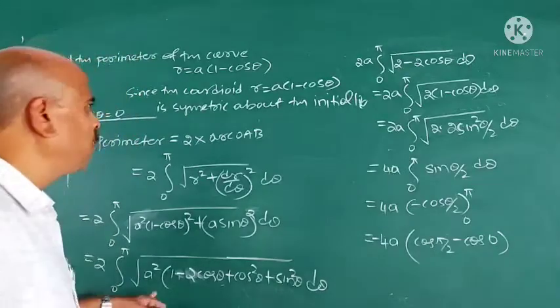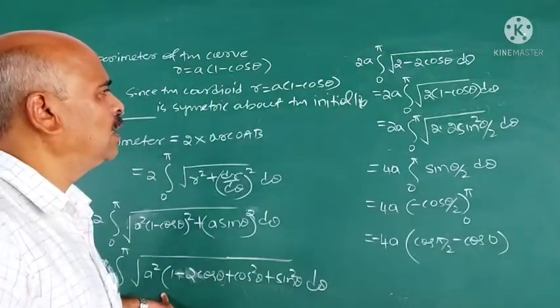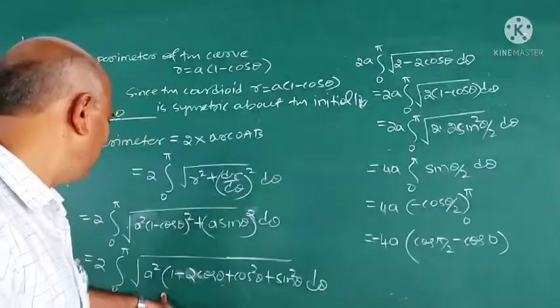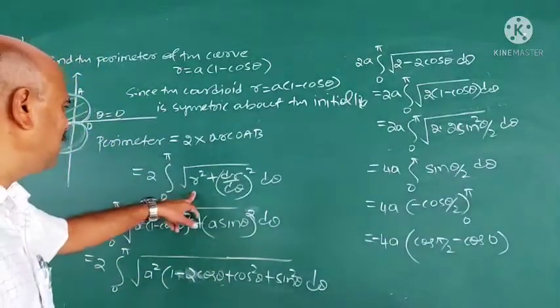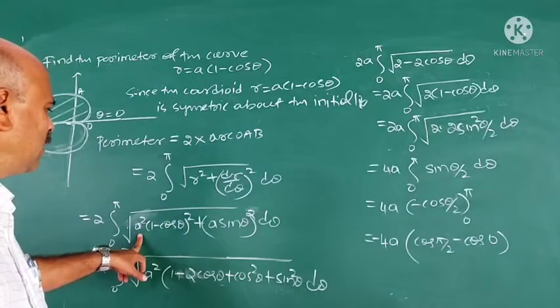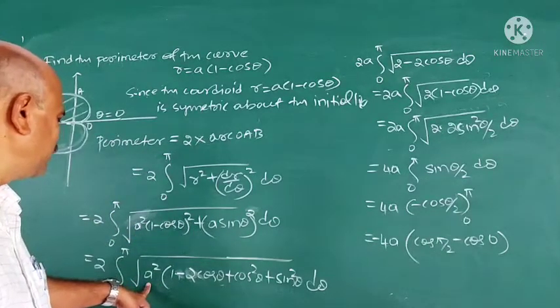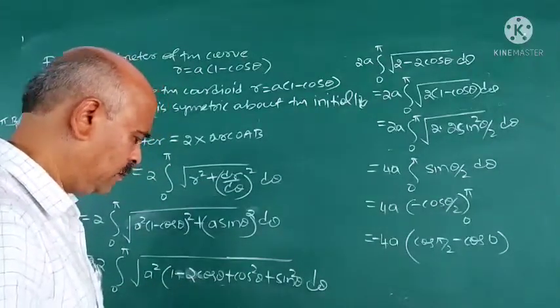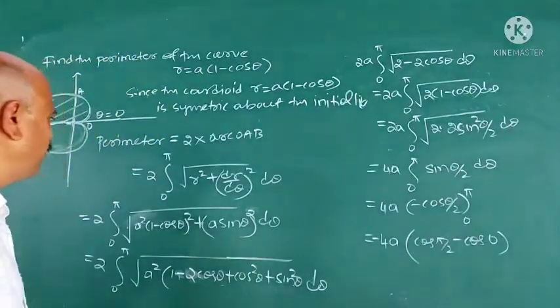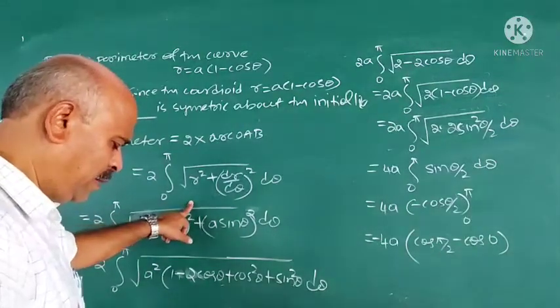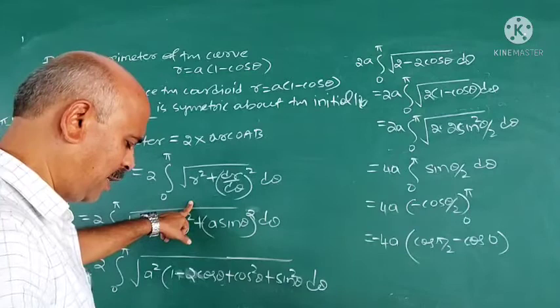Go through this: r squared plus (dr/dθ) whole squared, a squared (1 − cos θ) squared, a squared (1 − 2 cos θ...). The formula is 2 into the integral 0 to π of r squared plus (dr/dθ) whole squared.